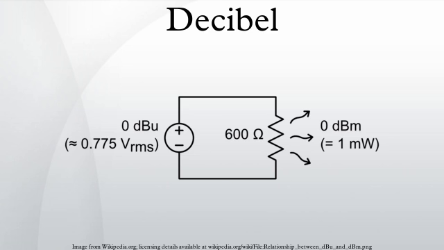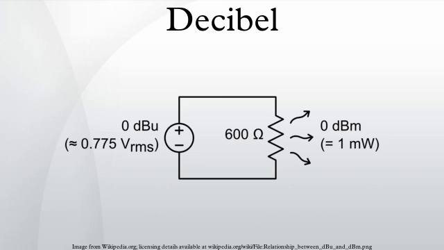The C-message weighting filter was chiefly used in North America. The psophometric filter is used for this purpose on international circuits. See psophometric weighting to see a comparison of frequency response curves for the C-message weighting and psophometric weighting filters.